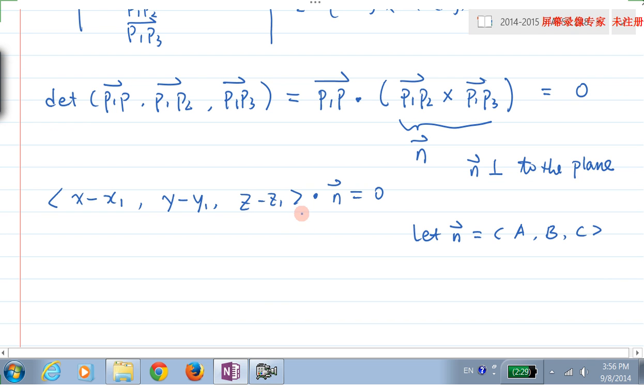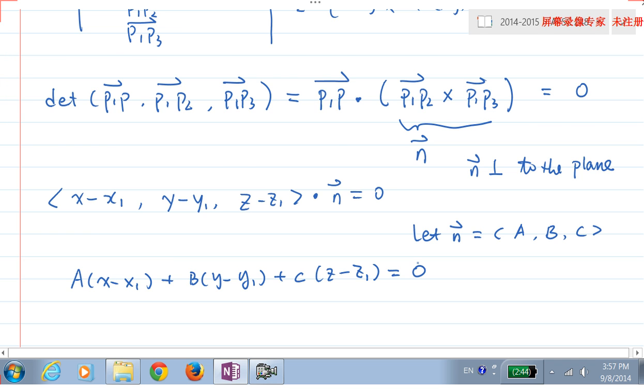The next step is to use the dot product definition: the component of this multiplied by a, plus the component of this multiplied by b, plus the component of this multiplied by c. So what we get is a(x minus x1) plus b(y minus y1) plus c(z minus z1) equals 0.